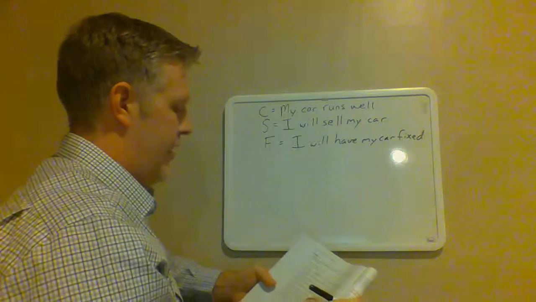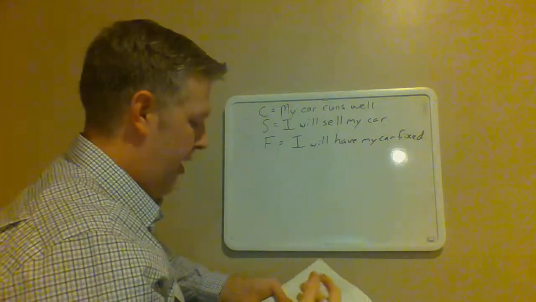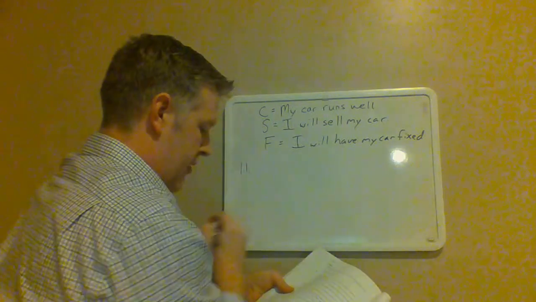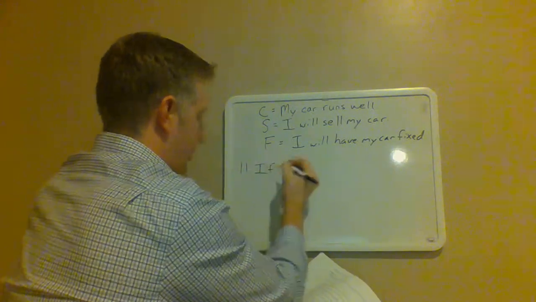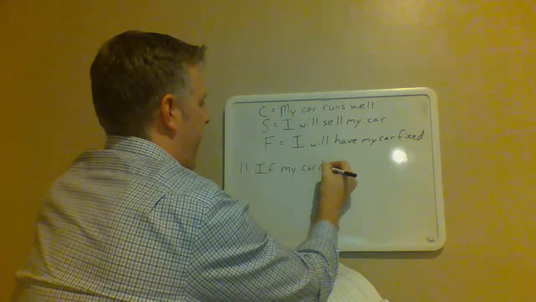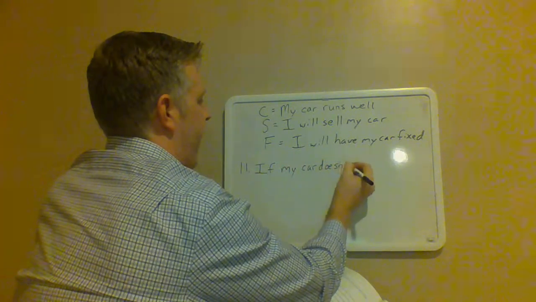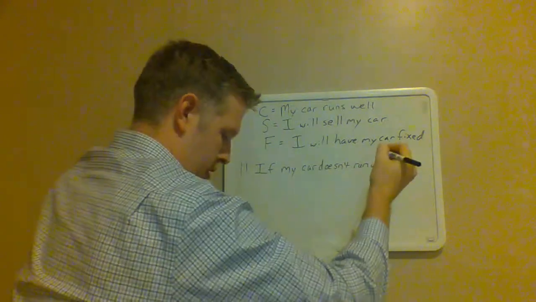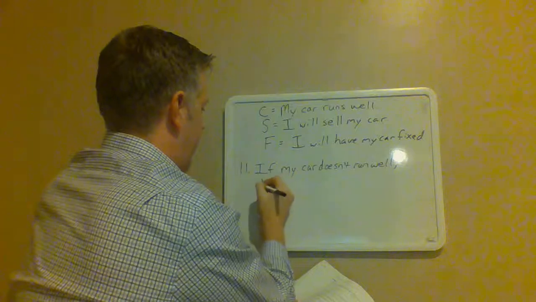Okay, and I'll just, like I said, start with number 11 and kind of work my way down on some of these. So 11 reads, if my car doesn't run well, then I will sell it.